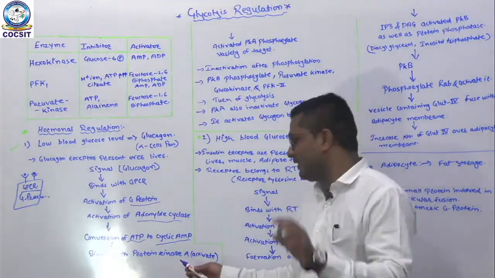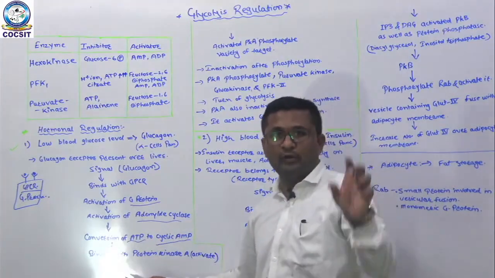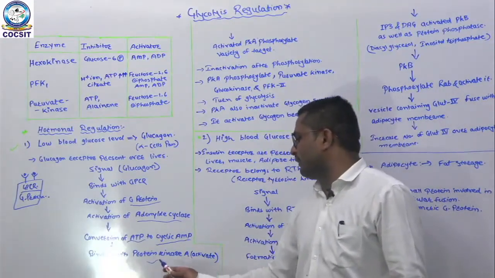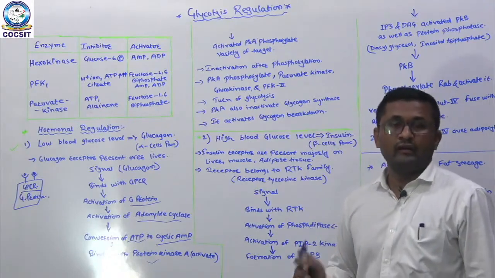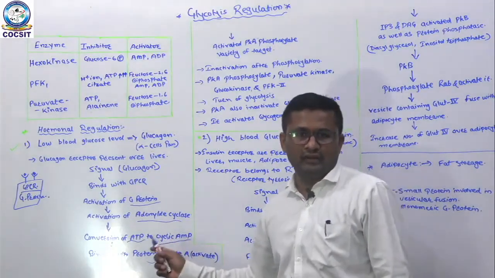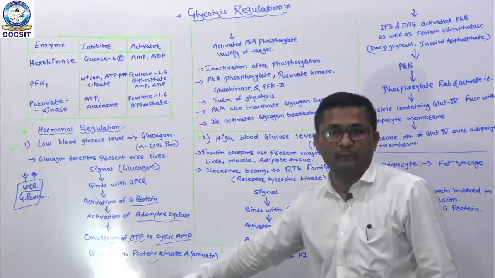When that inorganic phosphate released from the ATP binds with PKA, it is going to activate that protein kinase A enzyme. So this is the sequence of events up to this point.